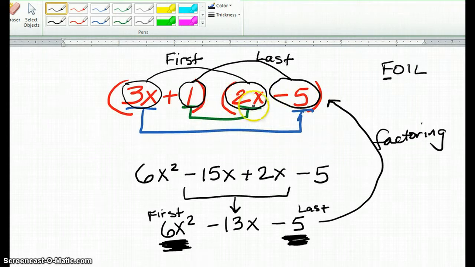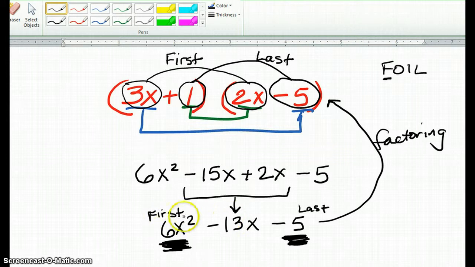They're called the first terms because they're listed first in the binomial. So the 3x is before the 1, the 2x is before the negative 5. So that's why it's called the first term. And these are called the last terms in the binomial.